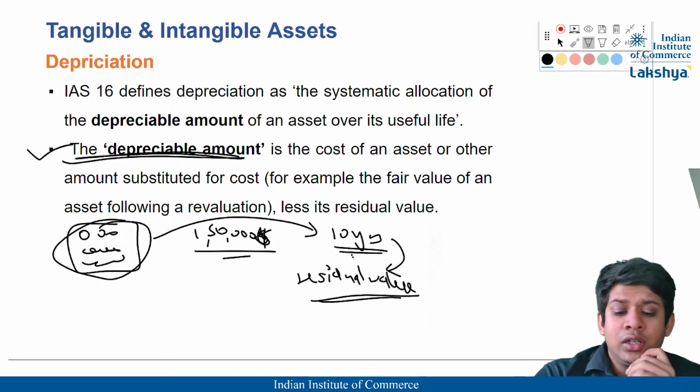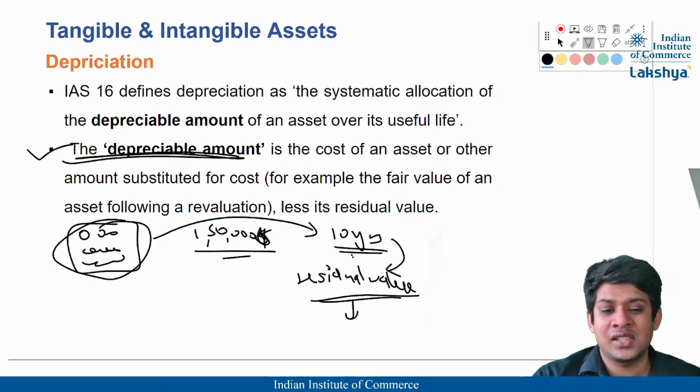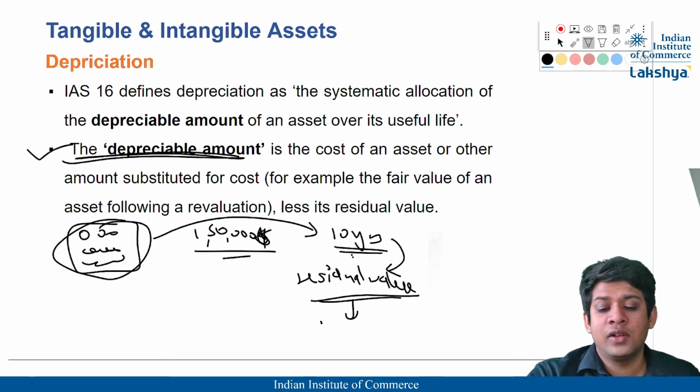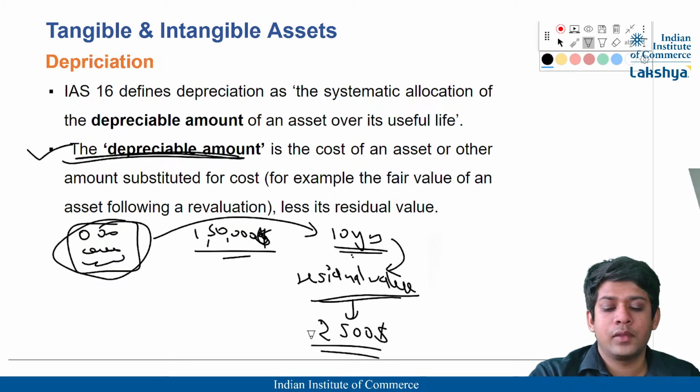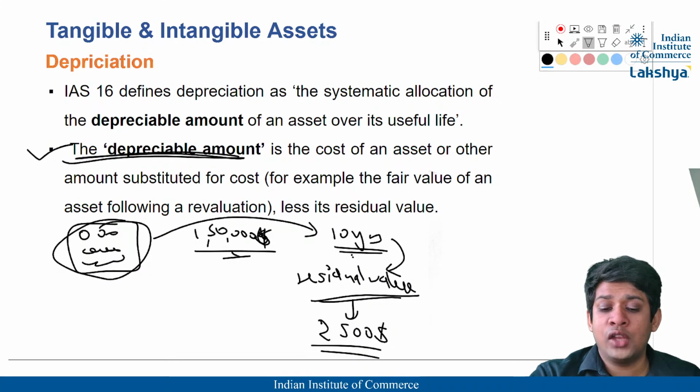Okay. So I will get certain remaining value because obviously after its useful life, I will sell it at a scrap sale, and maybe I'll receive 2,500 for it. So after I use it for 10 years, the asset's value should remain at 2,500, correct?